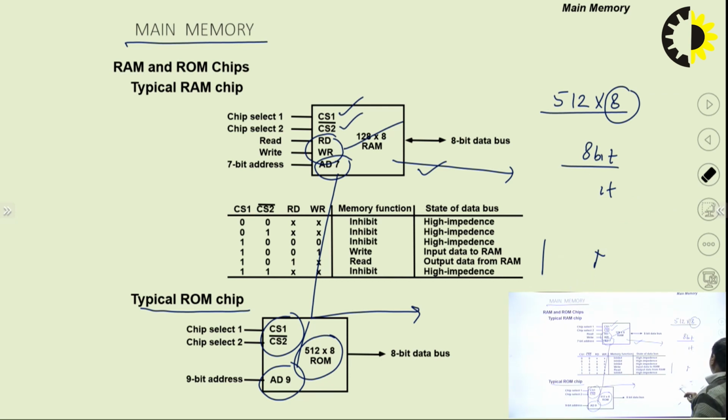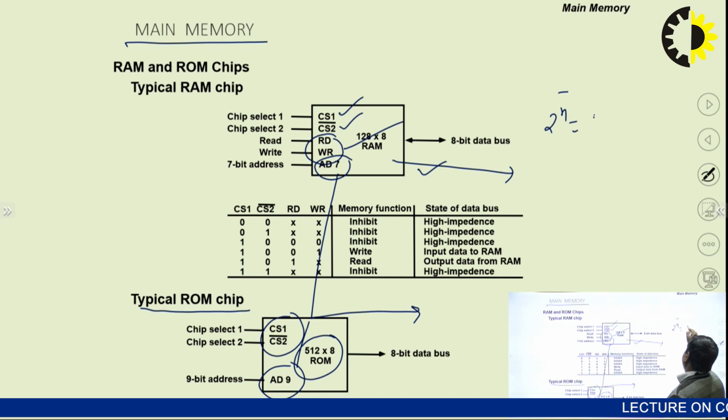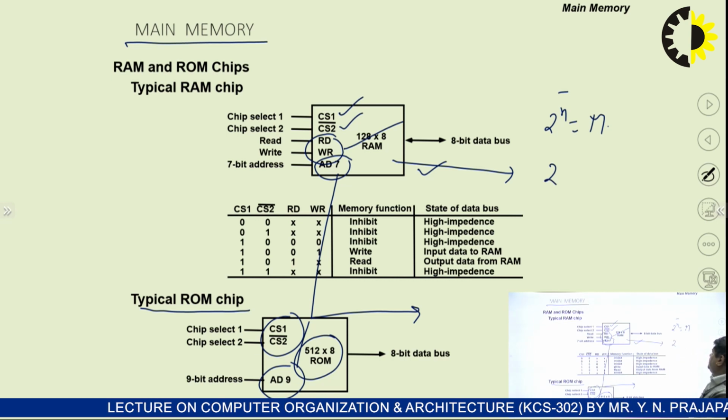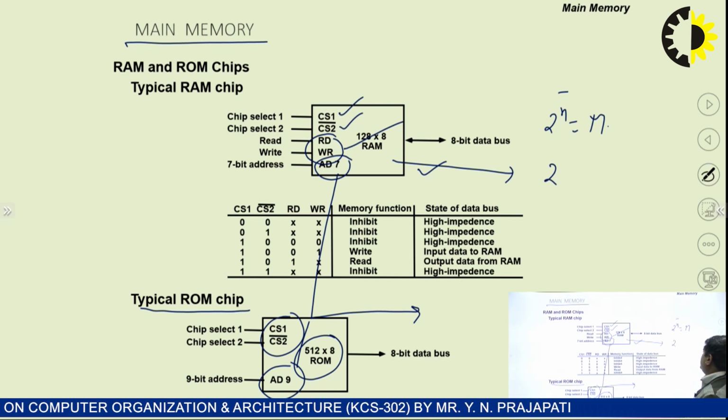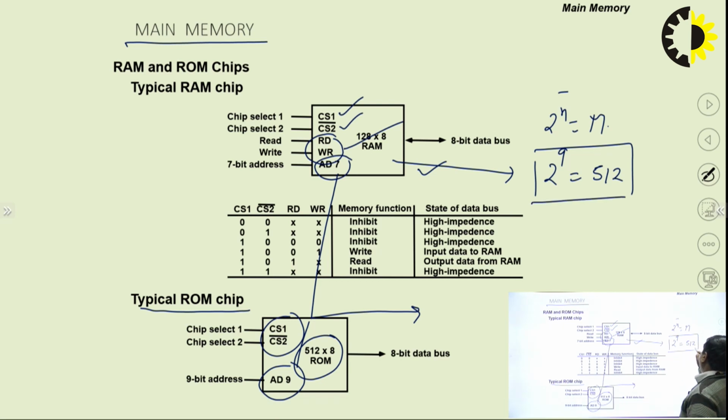If 512 we convert into 2 to the power m, in this format it means 2 to the power 9 is equal to 512. It means in this RAM total 9 address lines are represented.